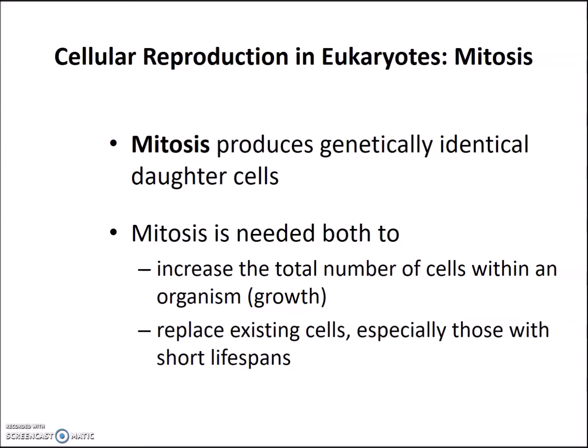And secondly, even once you've reached your full adult height, you're going to continue to need mitosis to replace cells that die or through natural causes are sloughed off. So your skin is replaced on average every couple of weeks. And as a result, your skin cells are some very actively dividing cells in your body in order to replace the lost cells. And that process by which they are replaced is mitosis.